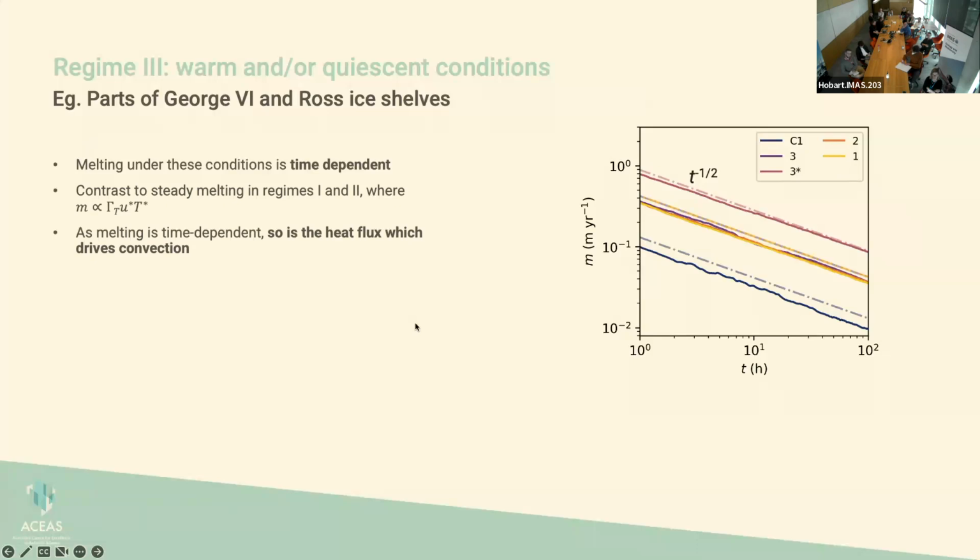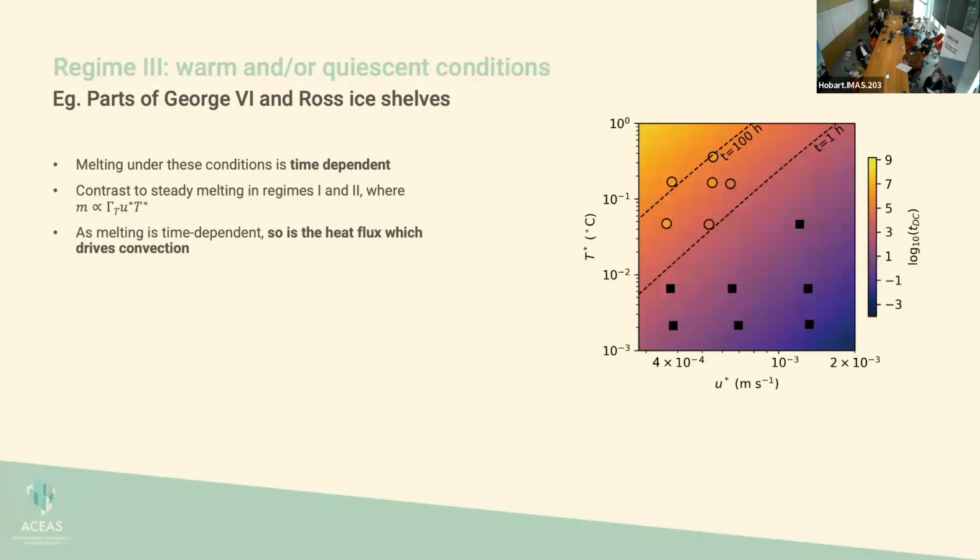So the melting is time dependent, and that also means that the heat flux, which we relied upon to drive convection, is also time dependent. And so what that means is that the strength of the convection is decreasing over time. So here, what I'm showing in the color is the amount of time for which this particular process occurs.